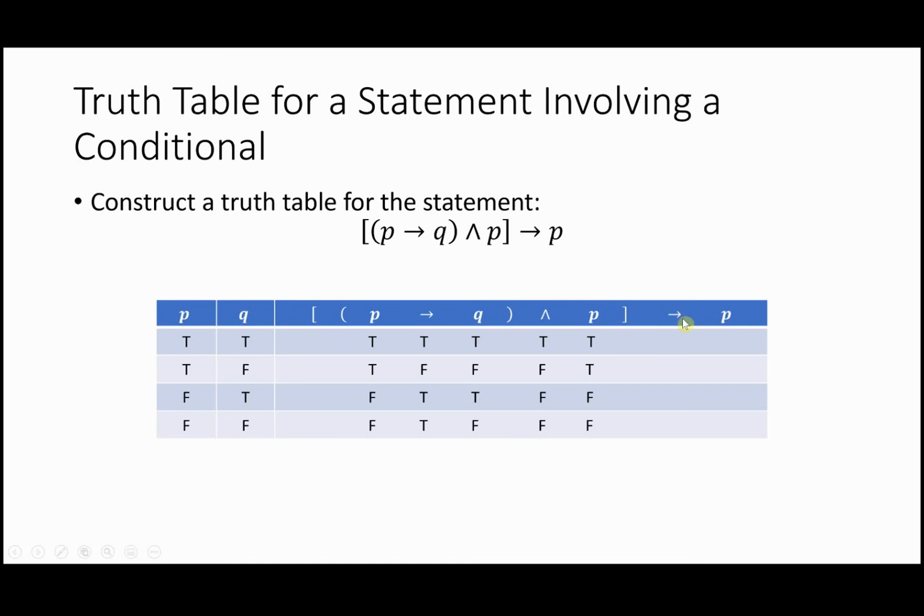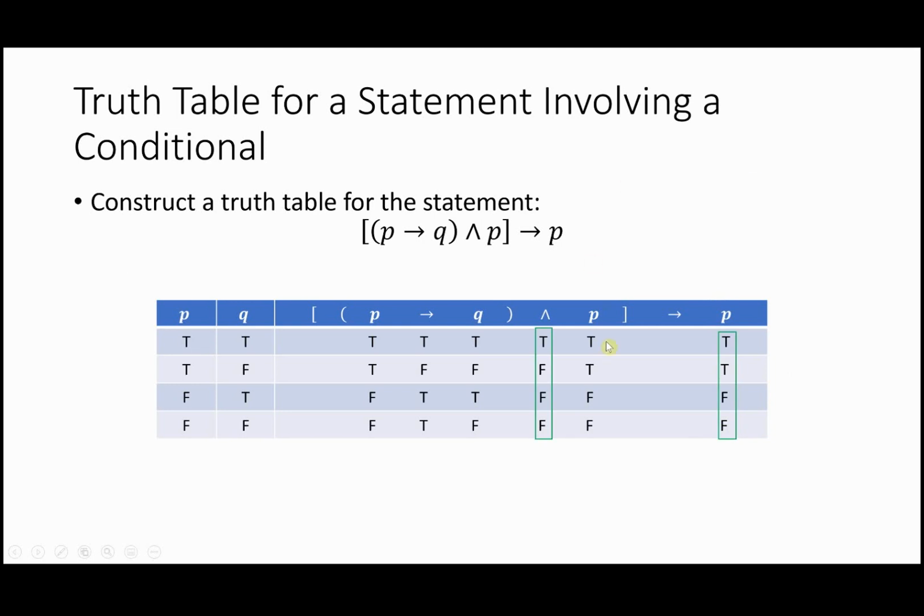And then we're going to take this conjunction, which now represents the entire bracketed piece, and we're going to implement the conditional rule with P. So go ahead and put P's truth value combination down there.